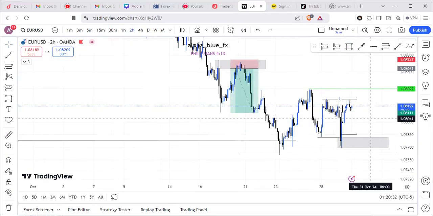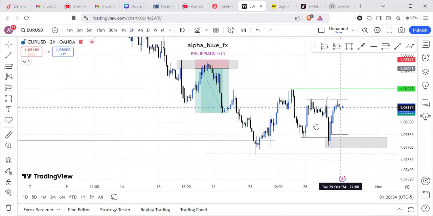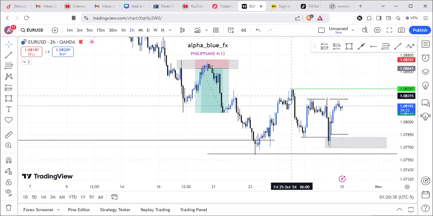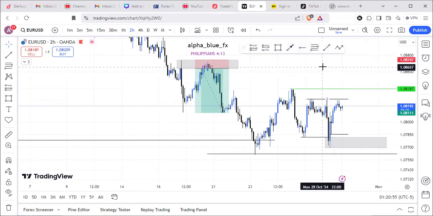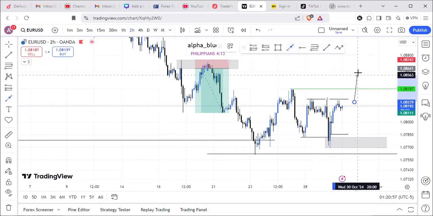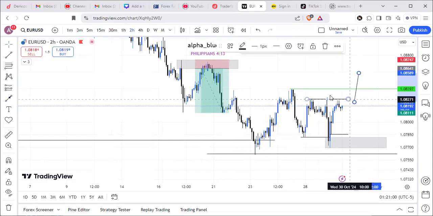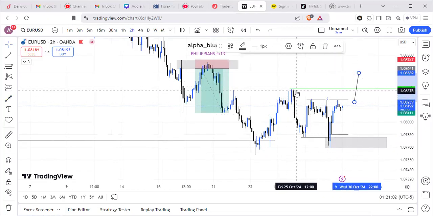So now Euro USD is doing all that it's doing. From the way I'm seeing strong bullish movement, I really doubt that this supply here will hold again, especially because when you go to GBP USD, you see that GBP USD has already broken its own supply to the upside. It's currently trading above its previous supply, right?